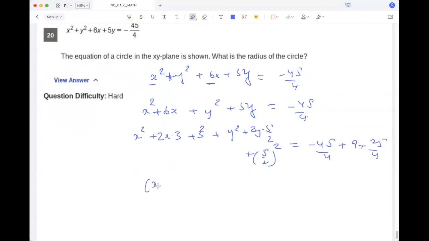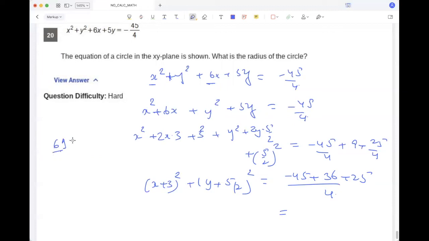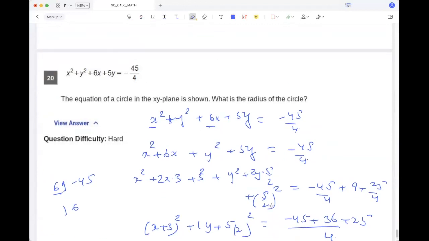So this becomes (x plus 3) whole square plus (y plus 5 by 2) whole square. And this becomes minus 45 plus 9 plus 25 by 4, which becomes 16 by 4, which is 4. So the equation of a circle is (x minus h) whole square plus (y minus k) whole square is r square, where (h, k) is the center and r square represents the square of the radius. So the radius here would be 2.